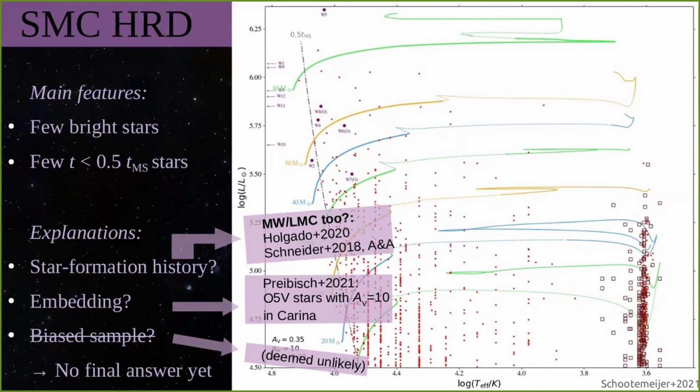I don't have time to talk about whether our sample is likely biased or not, but we have thought about this hard, and we don't think so, or not to the extent to change our conclusions. But as long as the stars are not detected, we cannot provide a final answer to why we see these two features. Let me emphasize that.